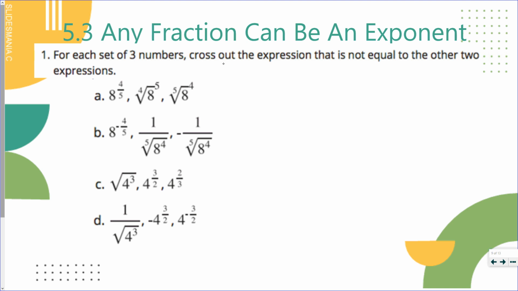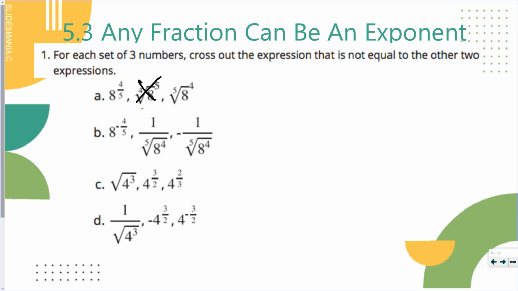Which one's different? Well, clearly these are different, and we have to figure out which one matches 4/5. Remember, 5. Oh, that's the radical. That must be the index. So therefore that works. It matches. Okay, that one's out. So that would be an exponent of 5 over 4.